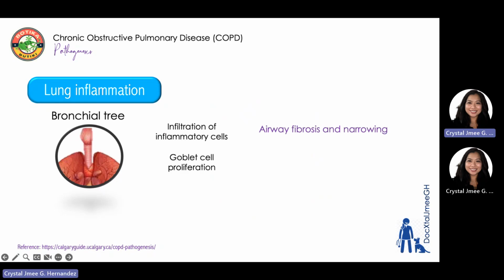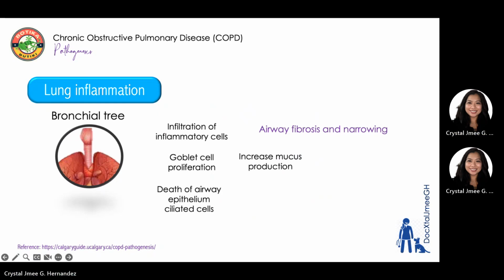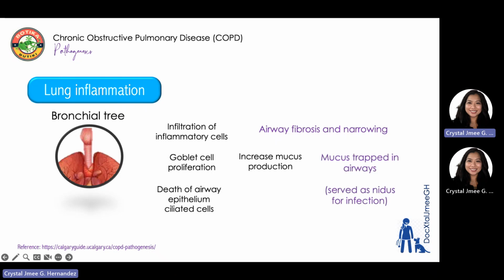Further, there will be goblet cell proliferation, which will increase mucus production. Likewise, it will also produce death of airway epithelium ciliated cells. Both of these will further contribute to mucus trapping in the airways, and they will serve as a nidus or source of infection. Summing all of this will lead to chronic bronchitis.